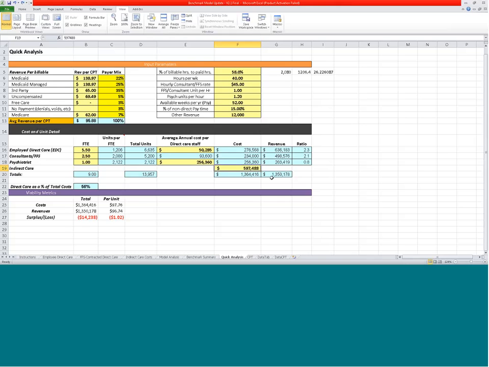So the other element to point out here, which is critically important, is the number of units, the number of visits that a psychiatrist is doing per hour. This is a slightly complicated concept. For every time a psychiatrist sees someone, we get a 0.66 weighted CPT. So if somebody sees two people in an hour, we're going to end up with not an hour's worth of reimbursement, but 1.2 hours worth of reimbursement.